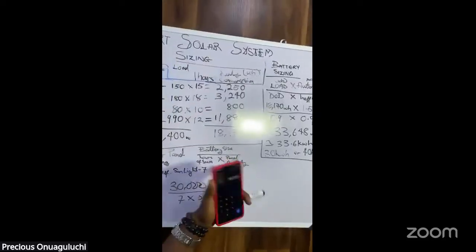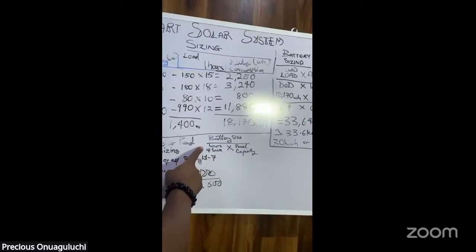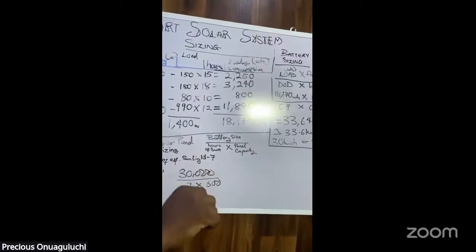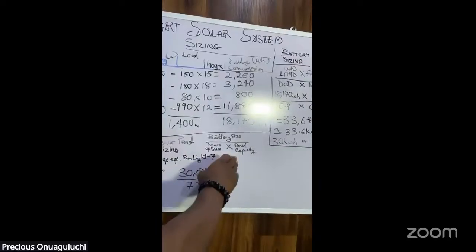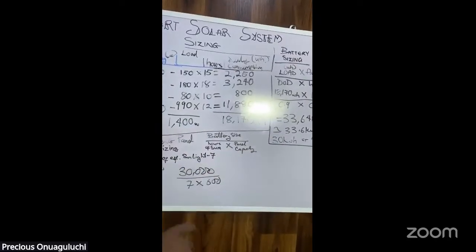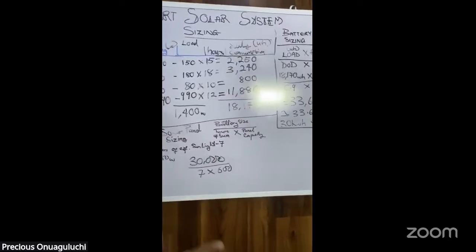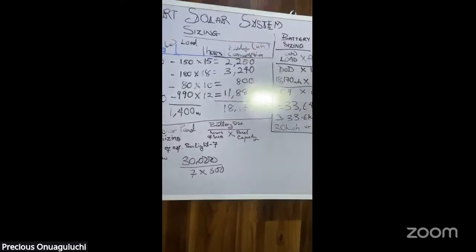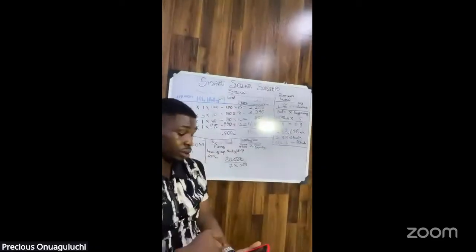This is the formula: battery size divided by hours of effective sunlight, and we can use 7 hours in Nigeria as a constant, and then panel capacity. You can use 450 watt, 600, 650, 700, 750, and so on. In my situation, I'm using 600 watt panels.